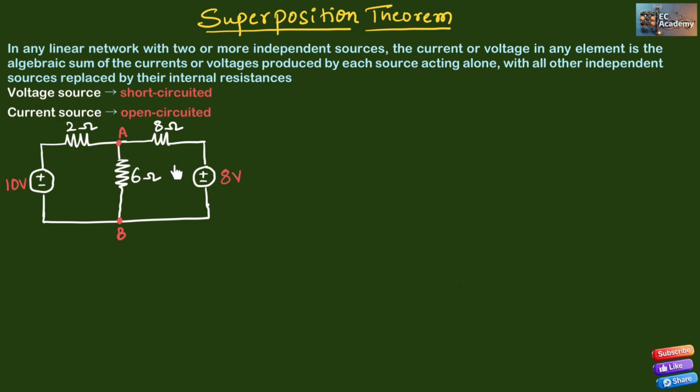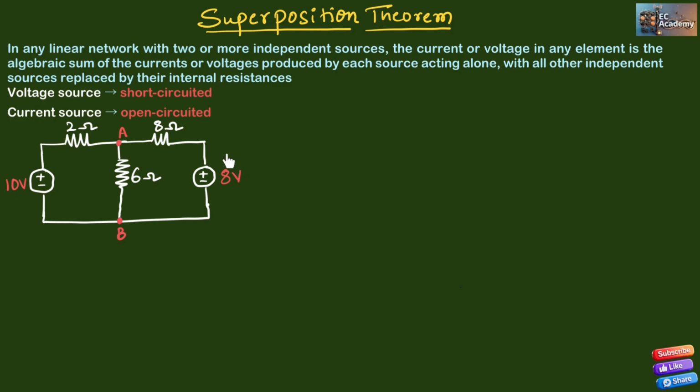Now, let us consider this circuit. In this circuit, we have two voltage sources. First, let us consider 8 volt and short circuit 10 volt. Let us make 10 volt to 0 and find the current flowing through the 6 ohm resistance. Let us call that current I1.